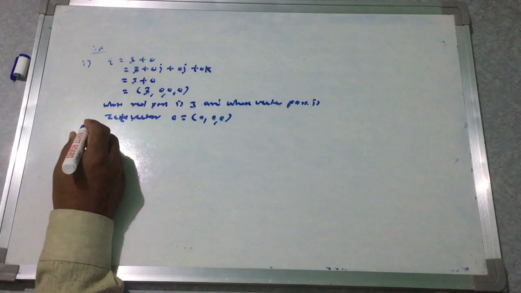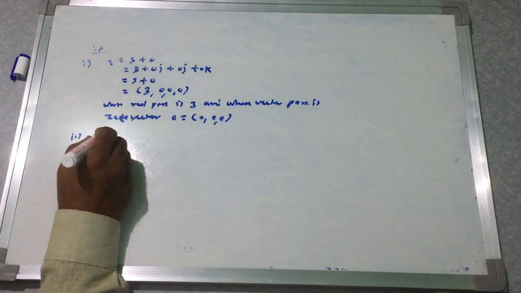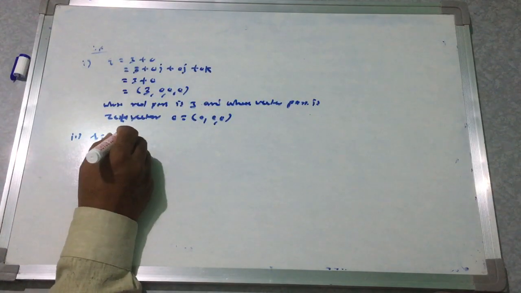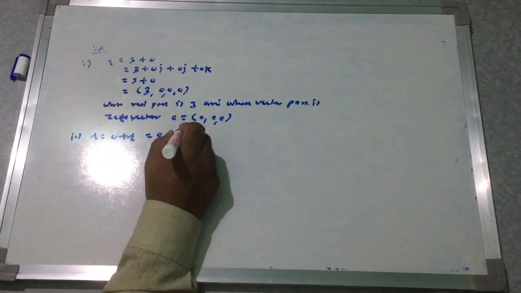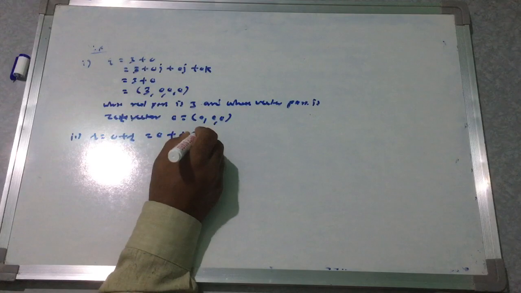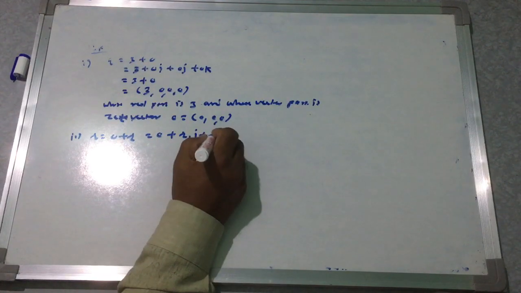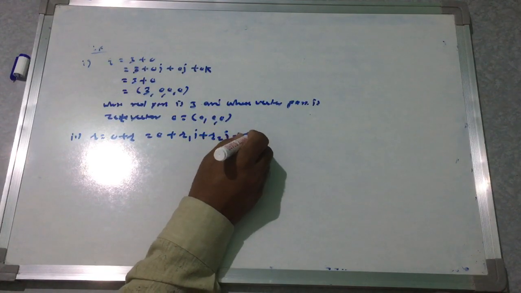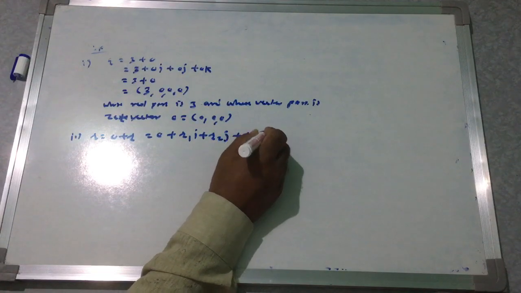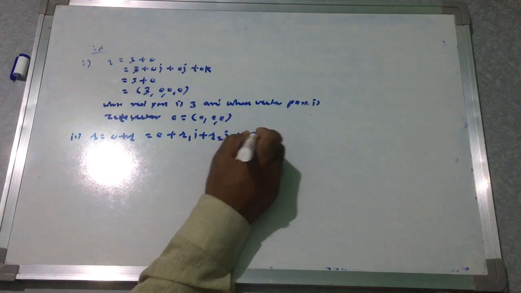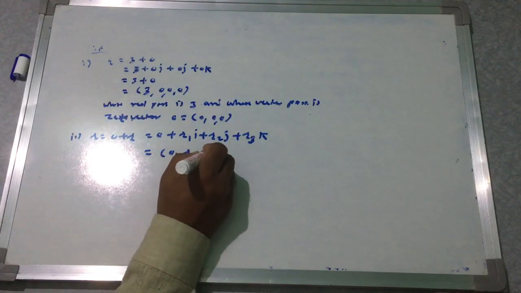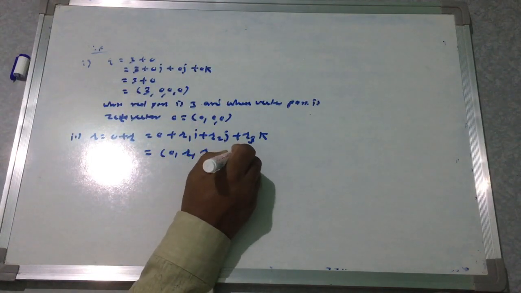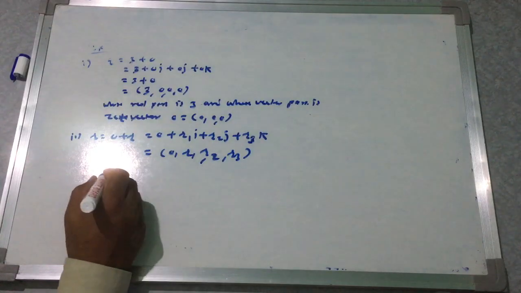Example 2: R = 0 + R, which can be written 0 + R1i + R2j + R3k, that is nothing but (0, R1, R2, R3).